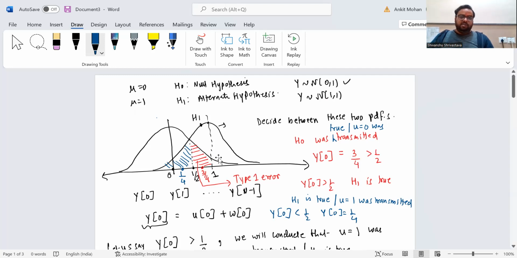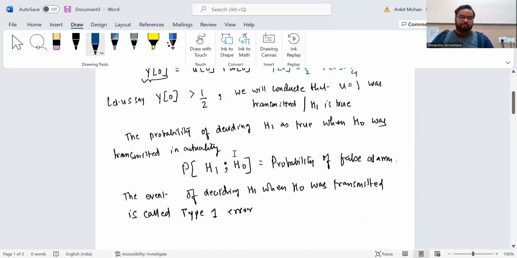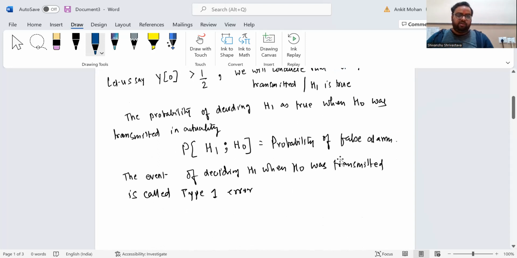So this is another kind of event: H0 was decided, whereas H1 was true.